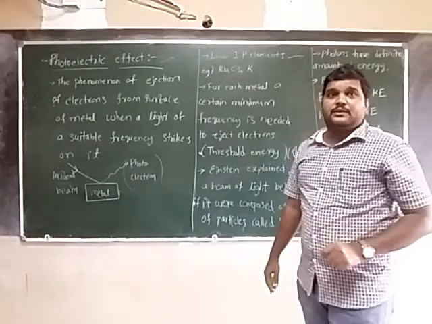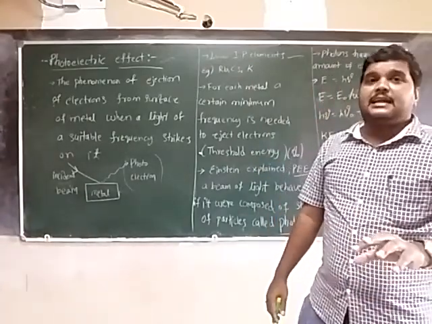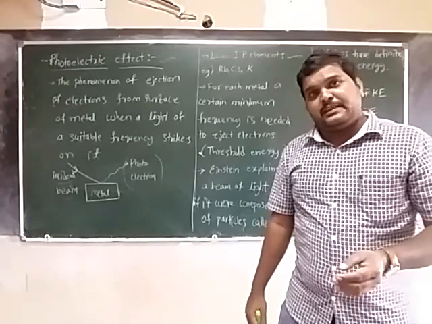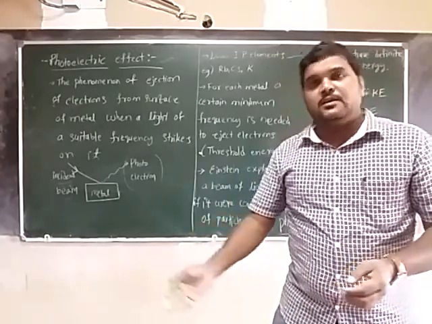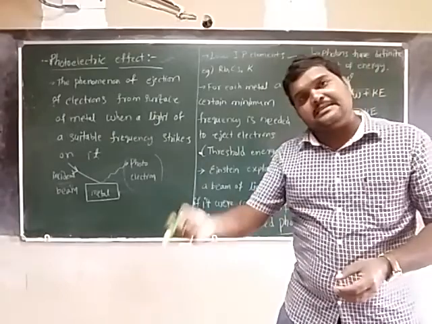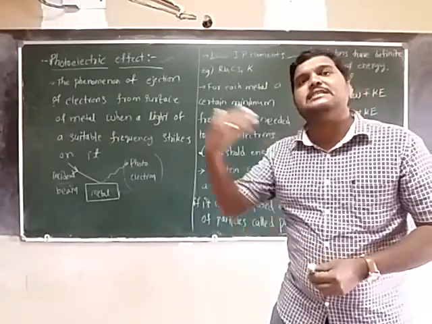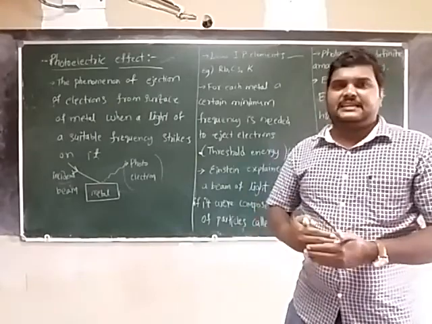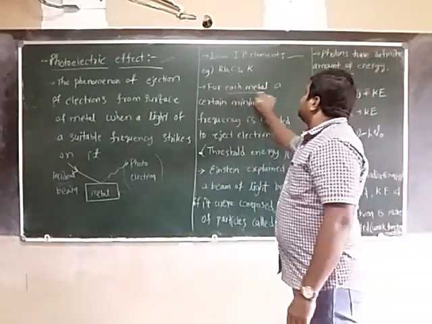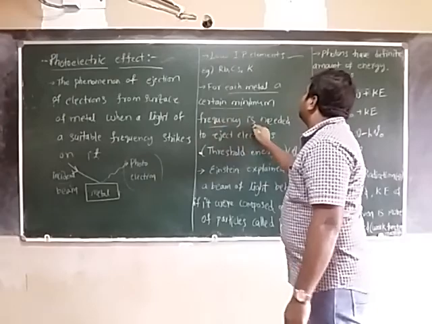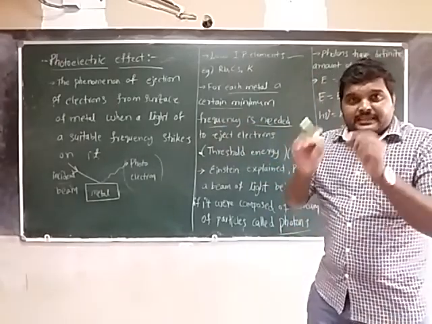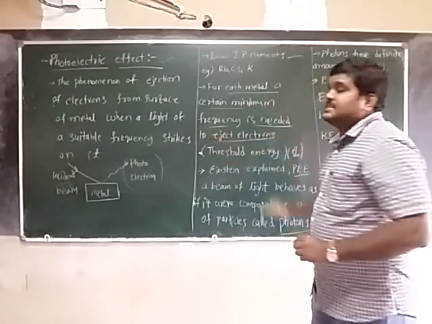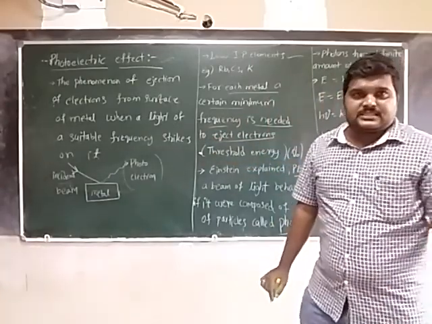But one thing you have to remember: different elements have different frequencies. Some elements easily donate or eject the electron, some less easily. That depends upon the nature of the metal. For each metal a certain minimum frequency is required to eject the electrons.